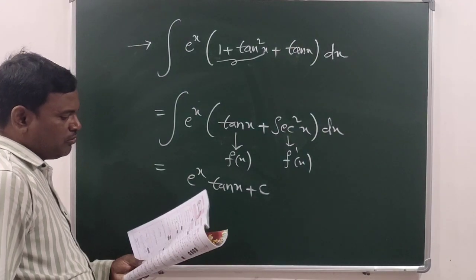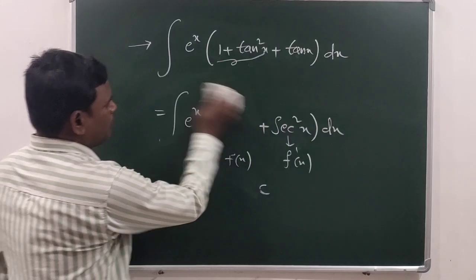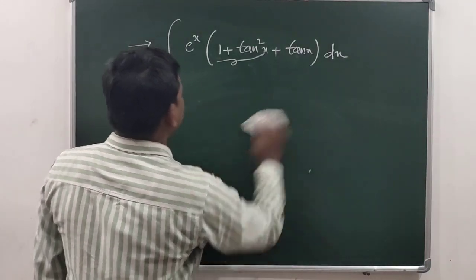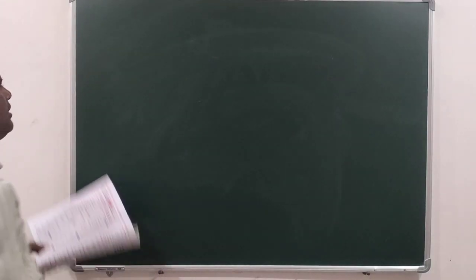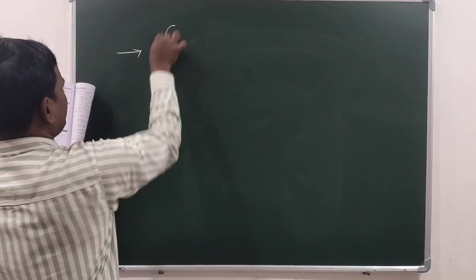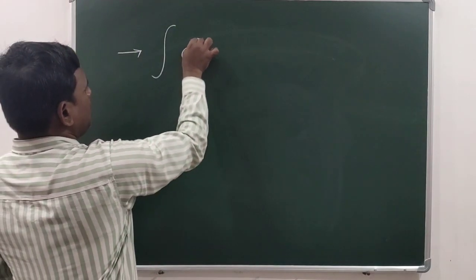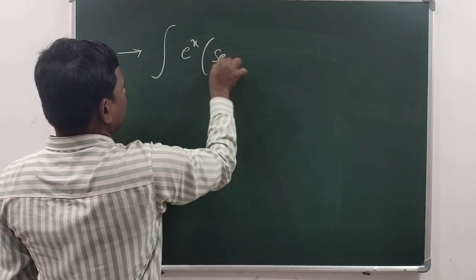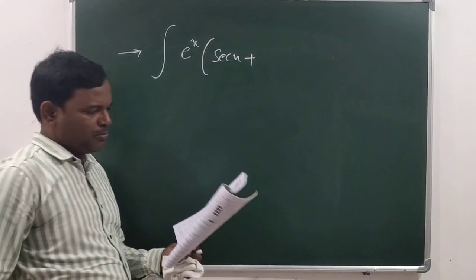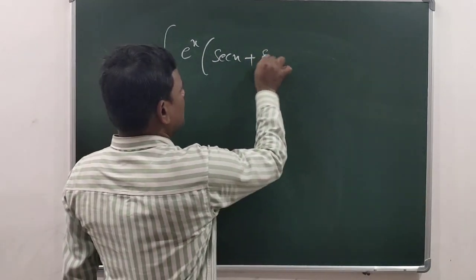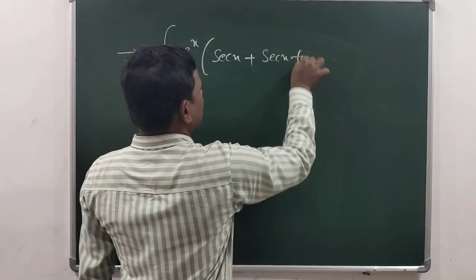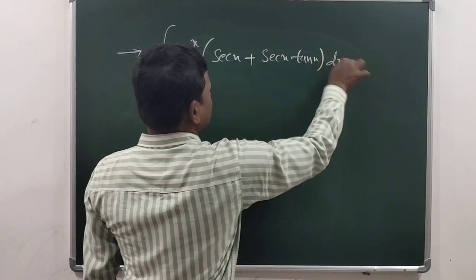Right. Now, let us go to one more application based on this same standard result. Integral of e power x into (secant x plus secant x into tan x) dx.